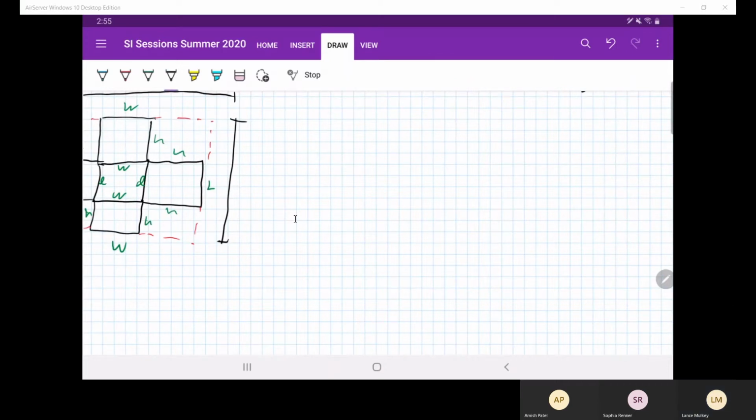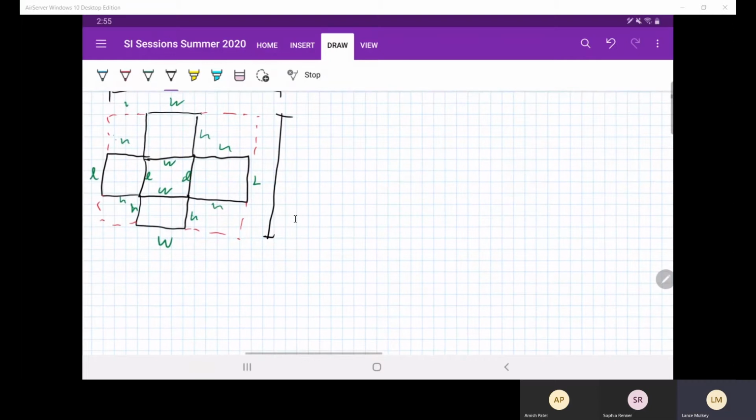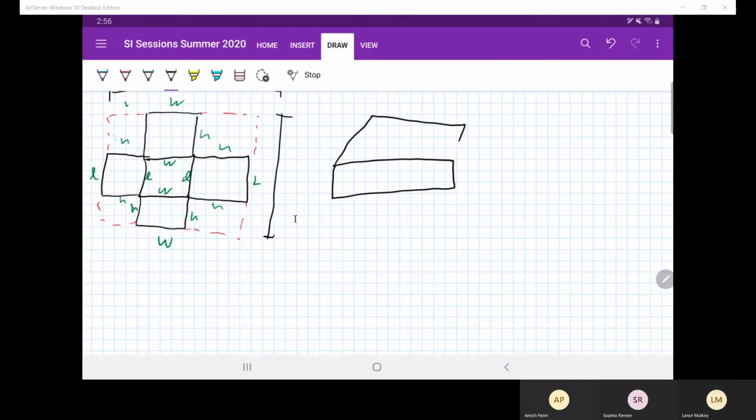So now we know we can draw a square or a rectangle. Never mind my bad drawing.